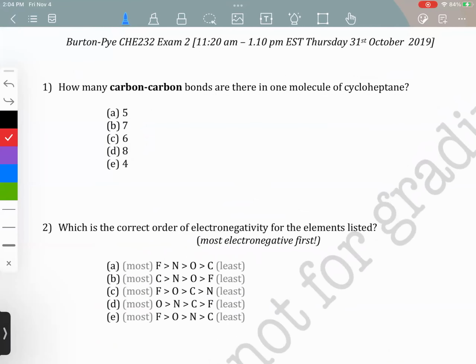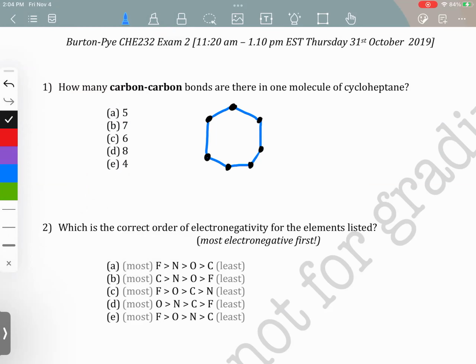So question 1. How many carbon-carbon bonds are there in one molecule of cycloheptane? All right, so cycloheptane, how many carbons make up that ring? There'd be 7. So 1, 2, 3, 4, 5, 6, 7.